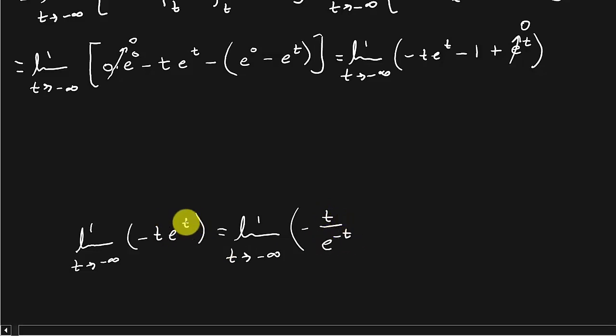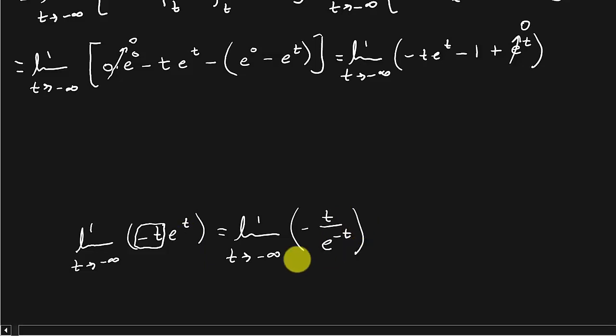I'm just bringing this e to the t down below, because look what happens if we take the limit as t goes to -infinity. This term right here is going to infinity. That's just getting larger and larger. And then we showed over here how this one's going to 0. Well, we can't do infinity times 0, so we're rewriting it like this.